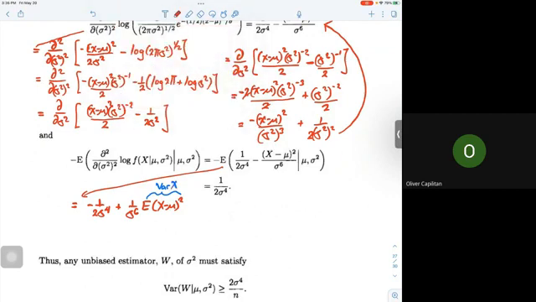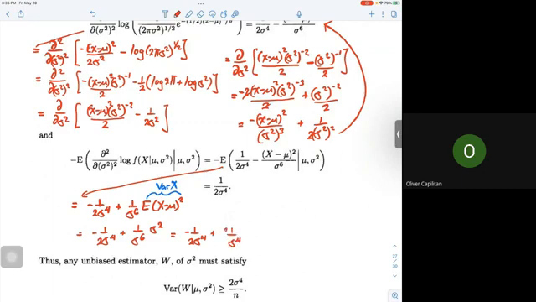Okay, so what do we have here? We have negative 1 over 2 sigma to the 4 plus 1 over sigma to the 6, and the variance is equal to sigma squared. So this is equal to negative 1 over 2 sigma to the 4, then plus 1 over sigma to the 4.